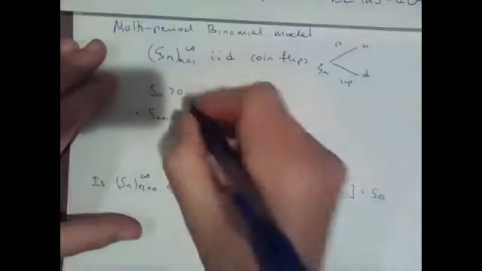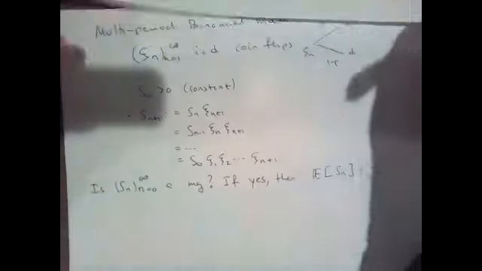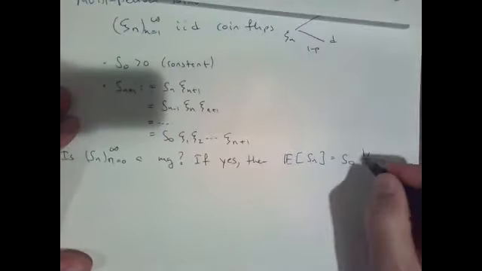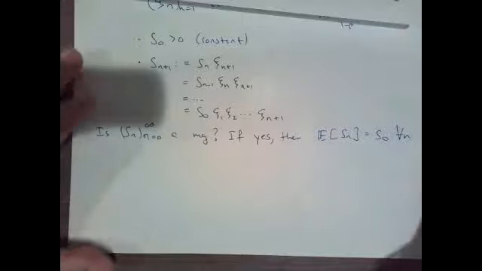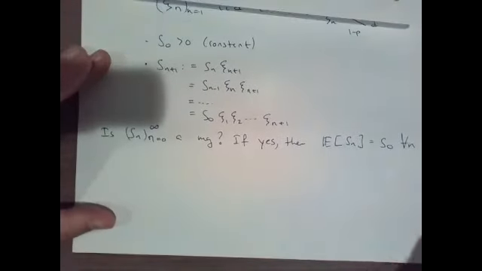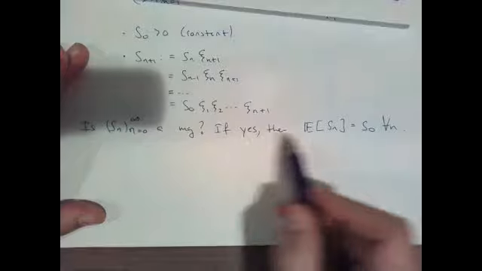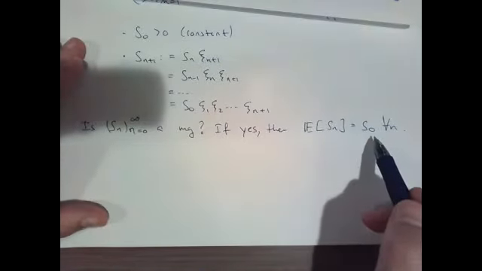That's a constant; this is positive. If the initial value is a constant, I don't have to take the expectation. And if yes, then we have to have this for all n. So let's see if we have such a property. If it is a martingale, then one of the implications is that you have constant expectation over time.